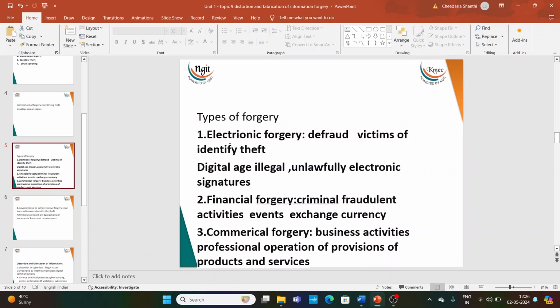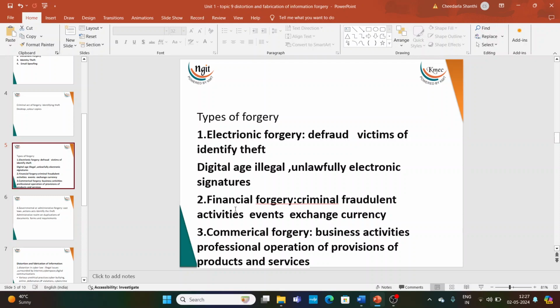It is the misrepresentation and misuse of computer networks, the internet, and various avenues available to the online community, which are intended for forgery and classified as electronic forgery, mainly used for identity theft. It is quite common in the digital age. It is illegal and unlawful, with signatures going online. We can call it online electronic forgery: electronic documents and signatures.